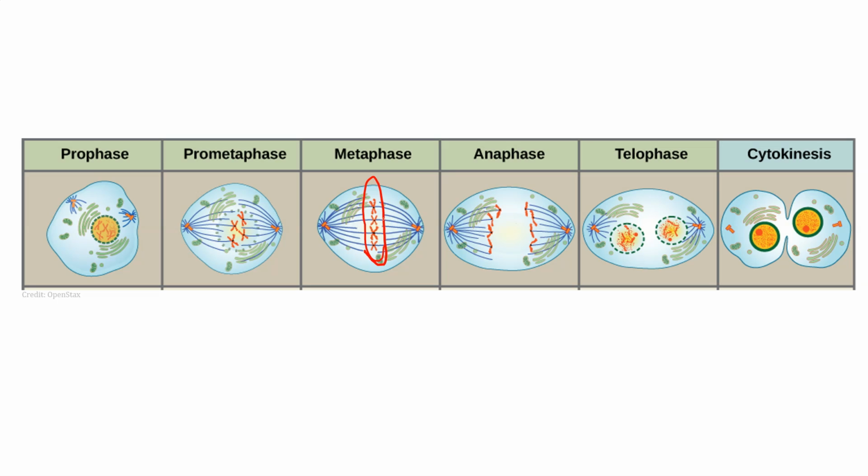Now, metaphase is important because it helps the cell to make sure we have all of the sister chromatids, the duplicated chromosomes, lined up here. If there's like one hanging out over here, then after this whole process occurs, it's going to be an unequal division. There's not going to be the same number of chromosomes in each daughter cell, which is going to be catastrophic for those daughter cells.